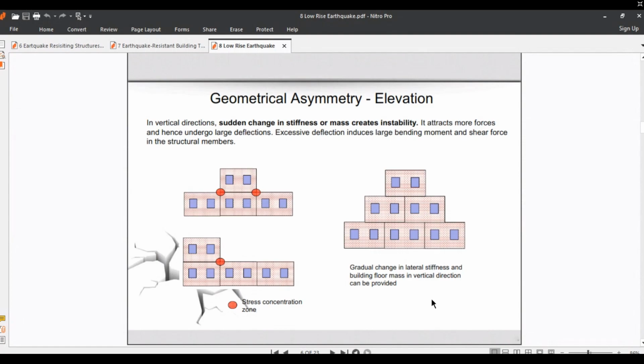And on the right side, in the elevation of the building, a gradual change in lateral stiffness and building floor mass in the vertical direction is provided, based on this elevation geometrical symmetry.